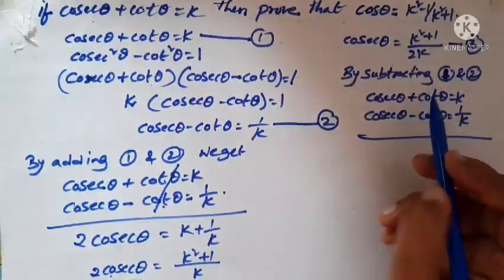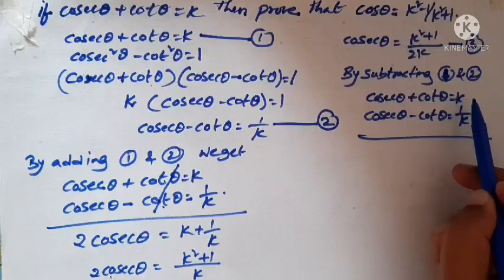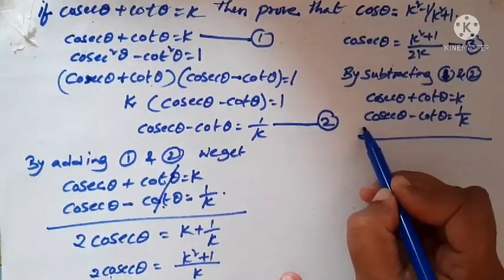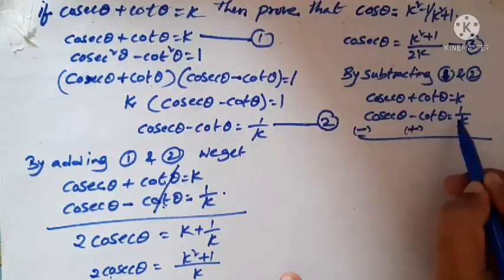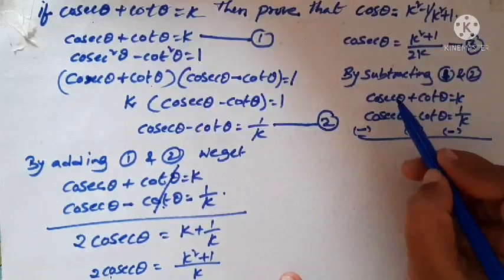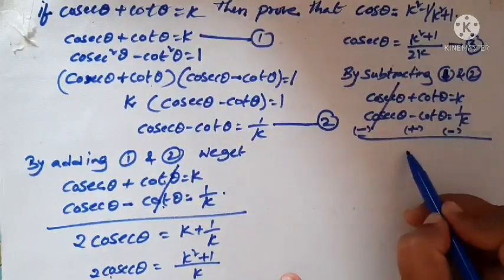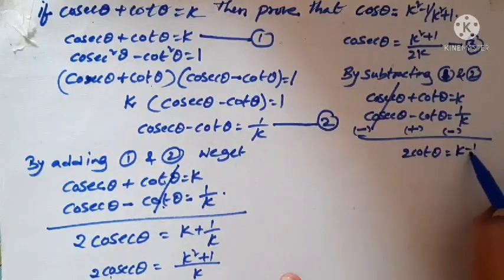And now here the second one is subtracted from the first one, right? So the second one changes its signs. Plus becomes minus, minus becomes plus, plus becomes minus. Now cosecant theta gets cancelled. You get here 2 cot theta and now k minus 1 by k.